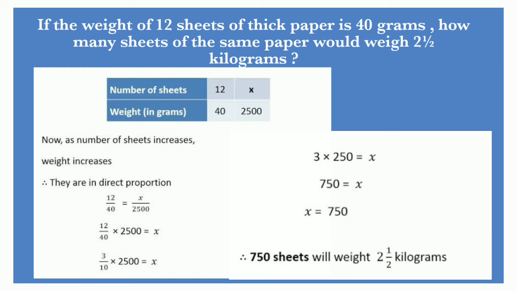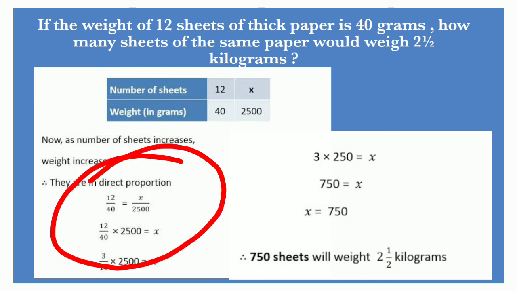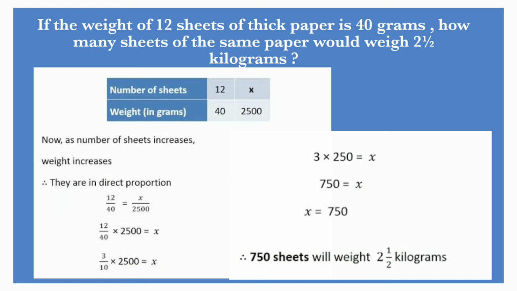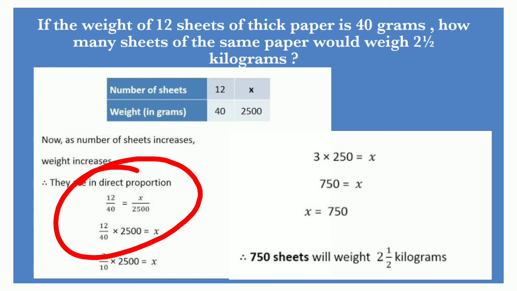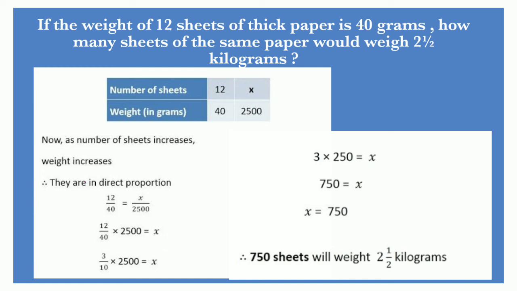So what is its number of sheets? That is, we have to take small letter x for 2500. Okay. So we can write x divided by y is equal to small letter k. It is in direct proportion. Therefore here x is 12, y is 40. 12 divided by 40 is equal to x divided by 2500.